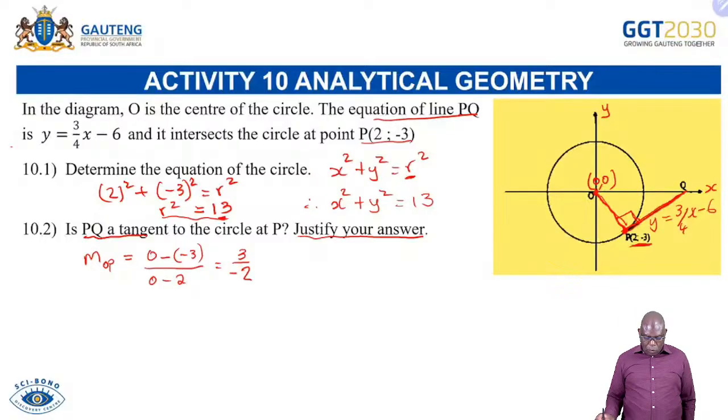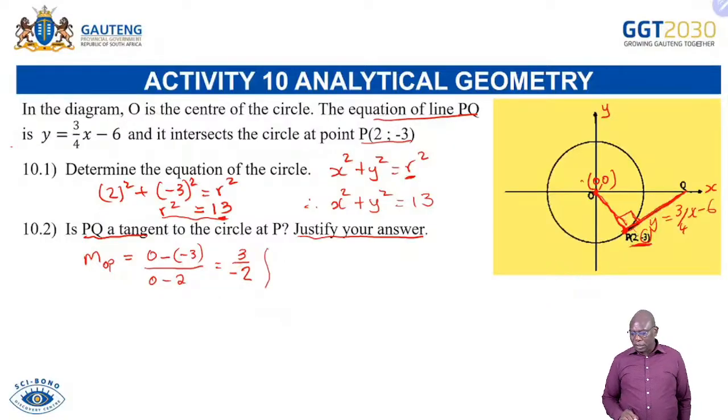So the gradient of that is 3 over -2. The y value there is -3, so we said 0 minus -3, and then from there it will be that. So the gradient of that is a decreasing function. Right. Now we're done with that.